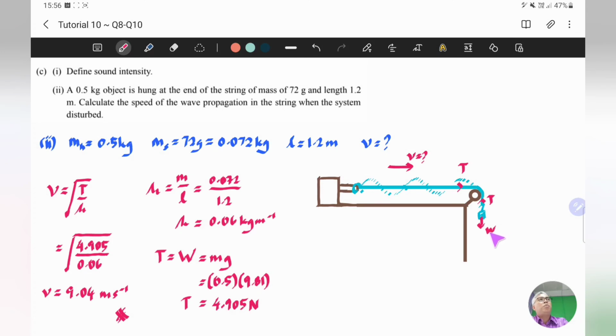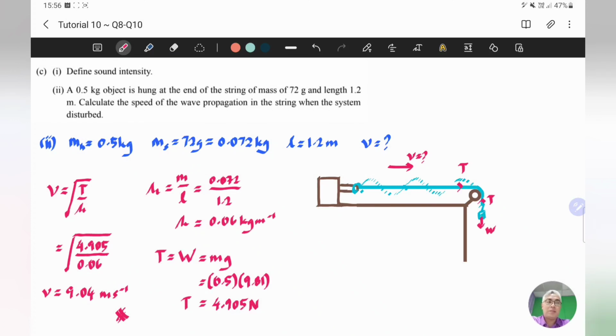T minus W equals 0, so T equals W, which is mg. The mass here is the mass of the hanging body, 0.5 kilogram, and g is 9.81, so W equals T, which is 4.905 newtons. By getting mu and T, we substitute into the equation, and you will get the speed of the transverse wave on the stretched string as 9.04 meters per second.